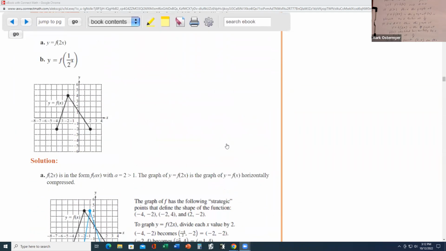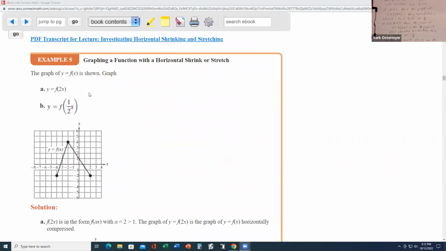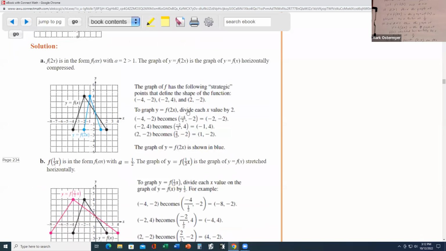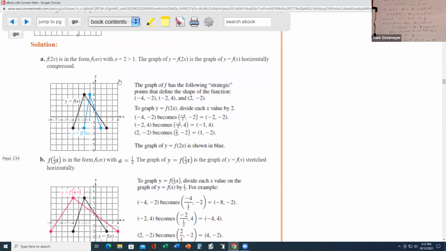Now let's look at function a here. We take a basic parent function and we form a new function, which is f of a of x. Well, the graph of f of a of x is going to be the graph of f of x that has been compressed by a factor of 1/2.